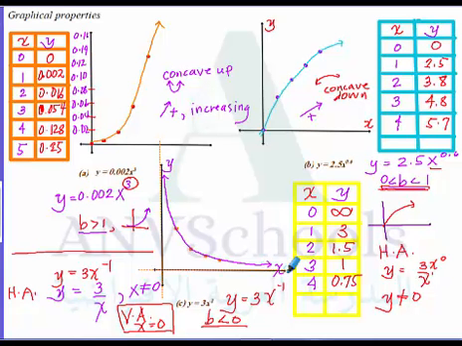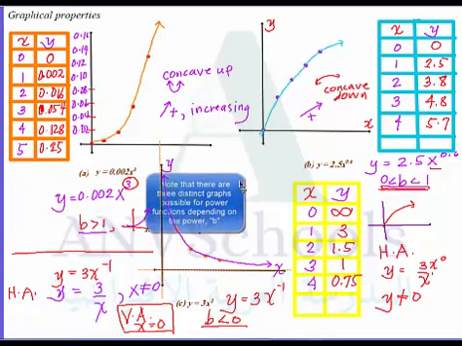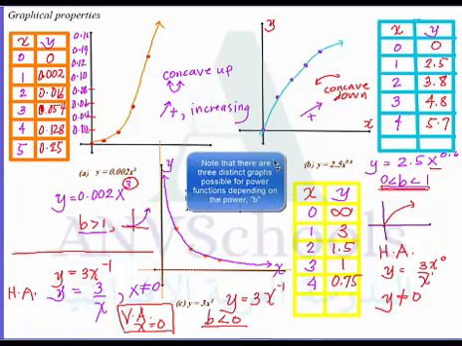So as you will notice, there are 3 distinct graphs possible for power functions. And what are those? If your b is greater than 1, let us highlight those conditions.